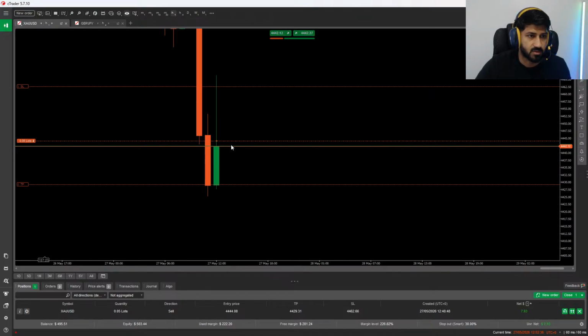So the next candle really could just continue to push up.